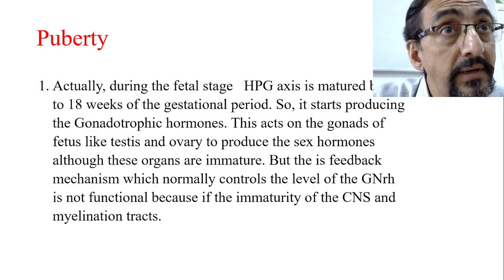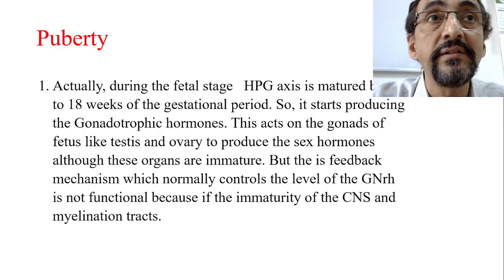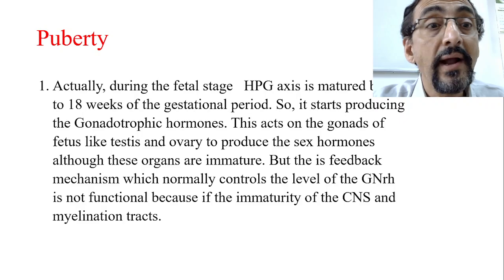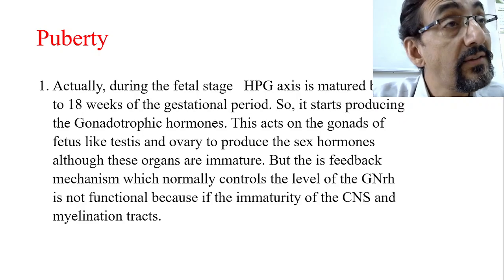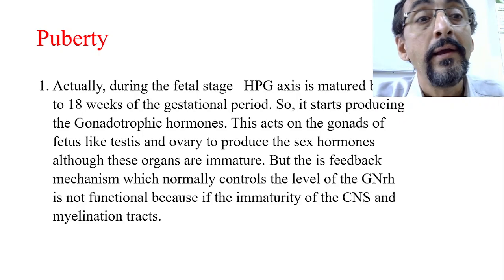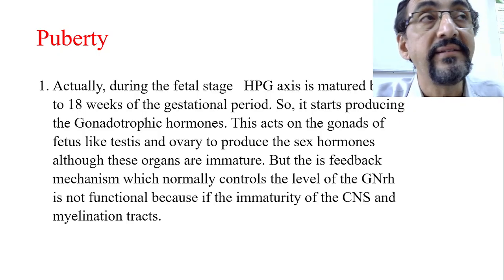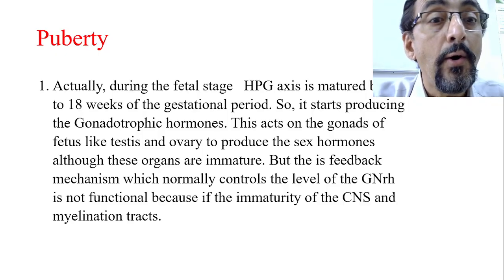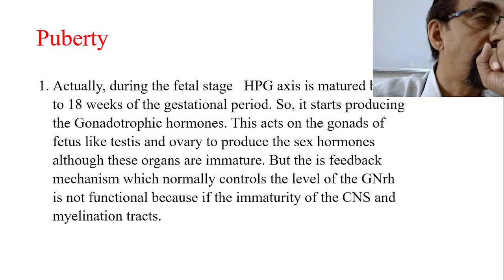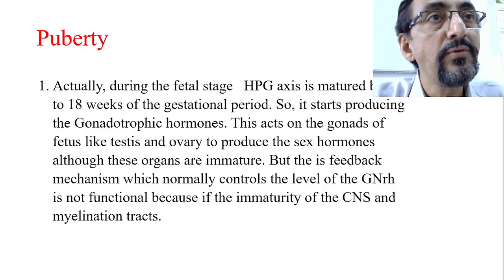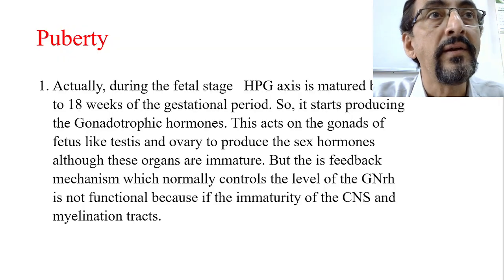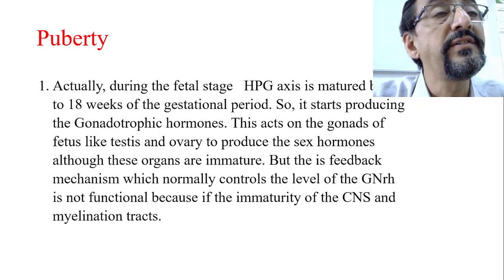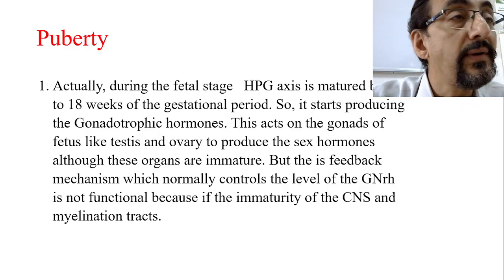So in the fetal stage itself, gonadotrophin hormone is being produced. This acts on the gonads of the fetus, the fetal testes or fetal ovary, to produce the sex hormones. Although these organs are immature, because it is a very rudimentary state, gonadotrophin hormone keeps being produced after the 16th to 18th week.